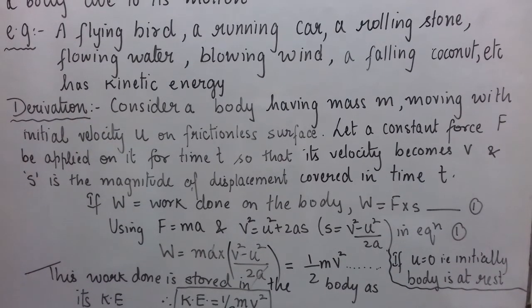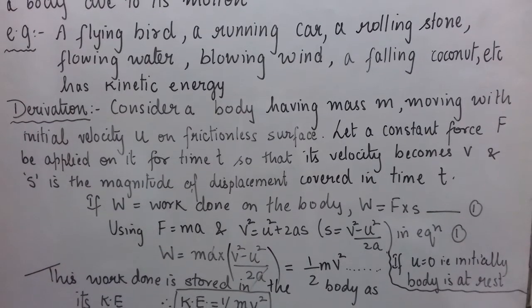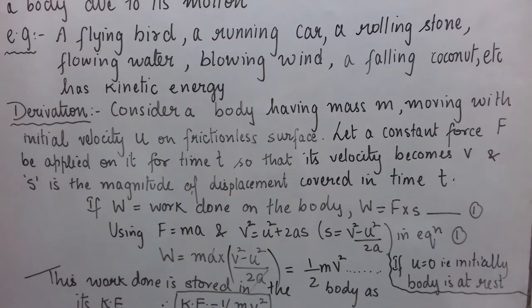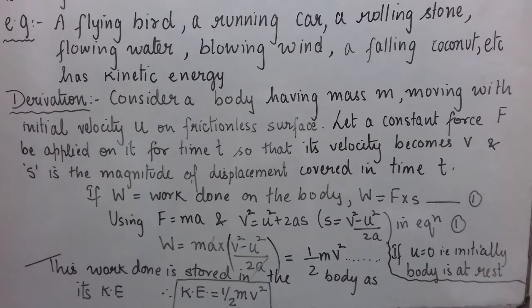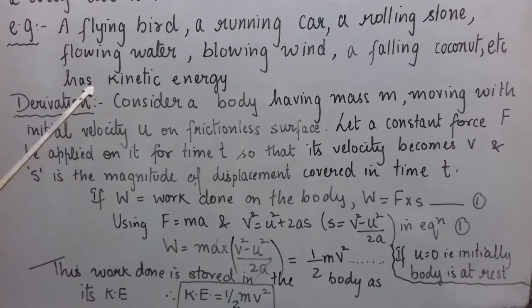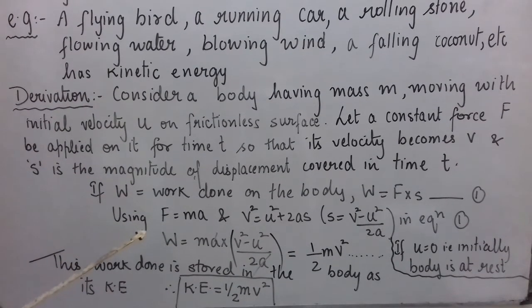You will first write the statement. Work energy theorem states that work done on a body is equal to change in its mechanical energy. And in this case, we are proving that work done is change in its kinetic energy, because potential energy does not change or it remains zero. Same introduction, everything same. Only one step difference will be there.